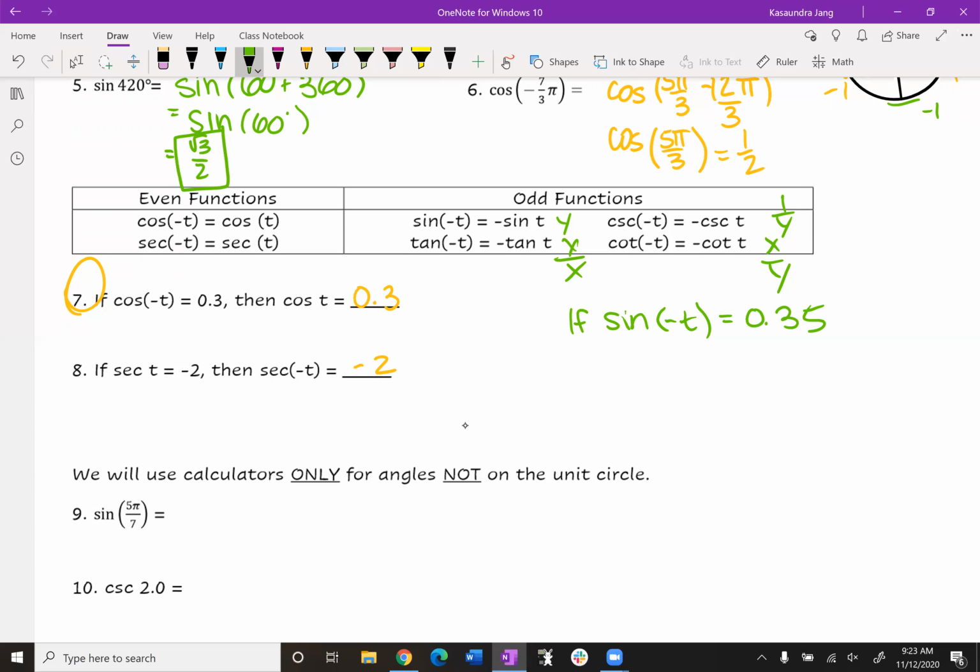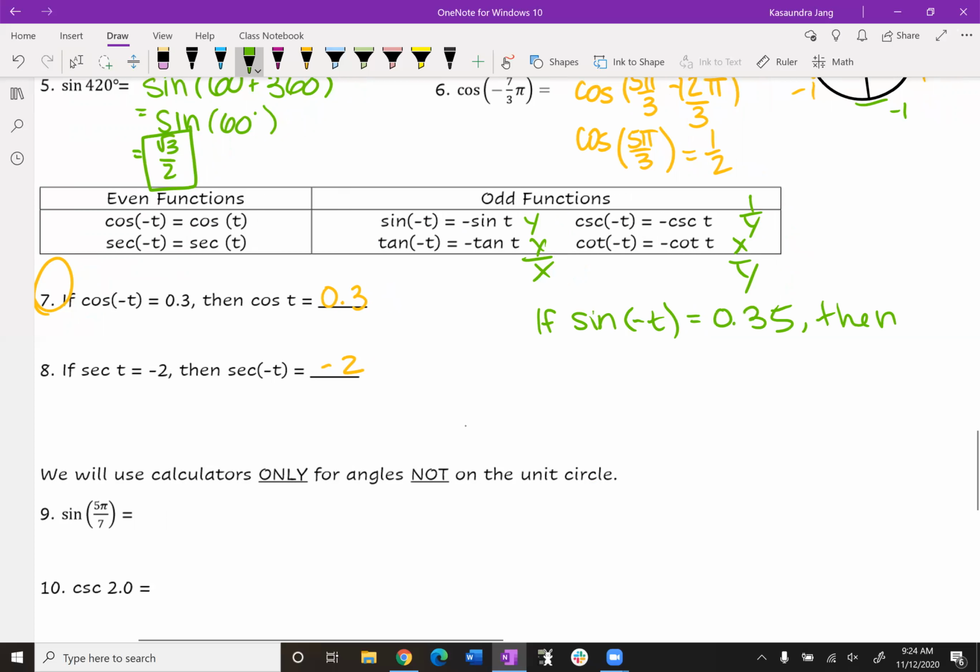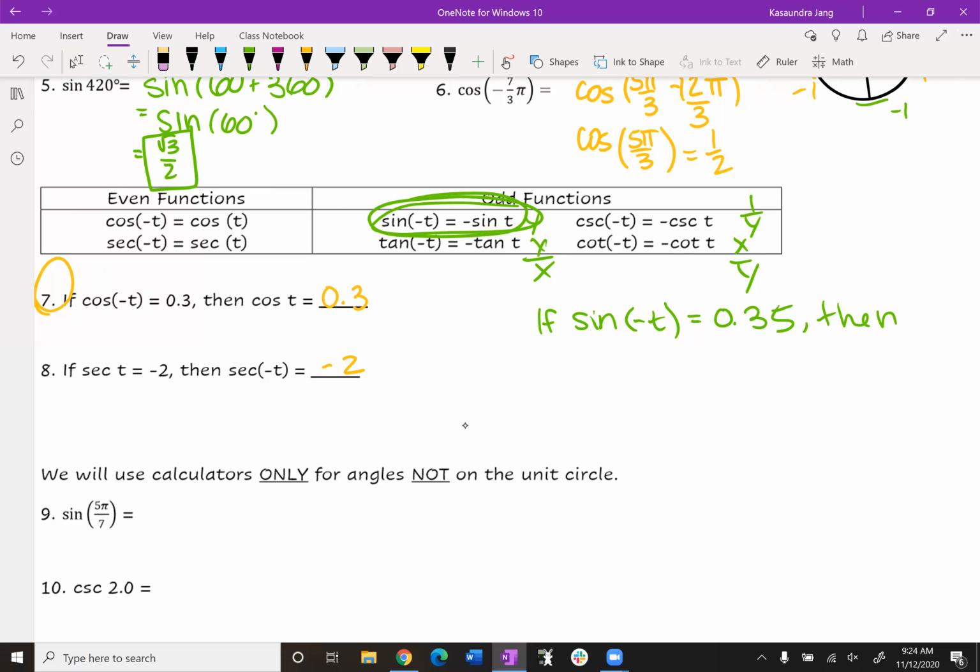All right, so if I have my sine of negative t is this 0.35, then I'm gonna look at this odd function thing right here. Sine of a negative angle then is negative sine of t.